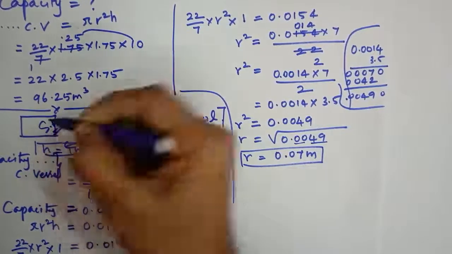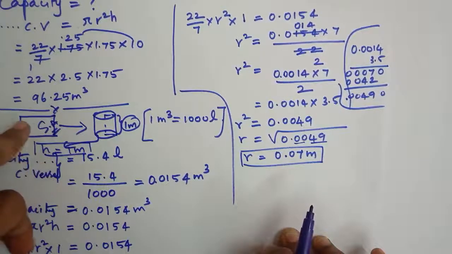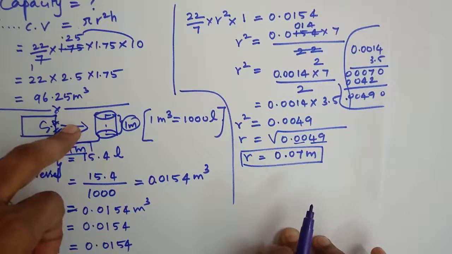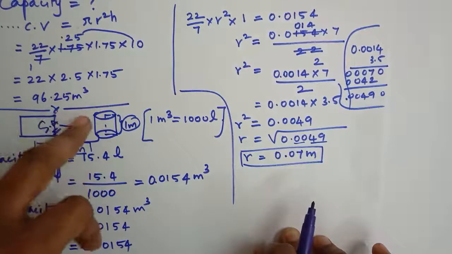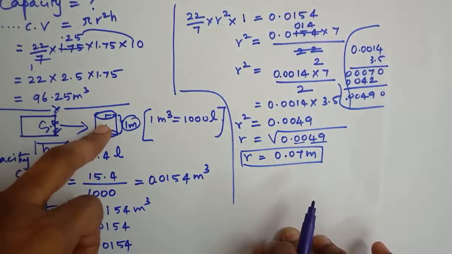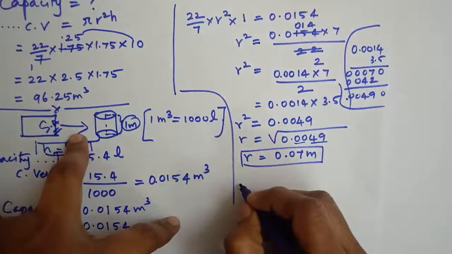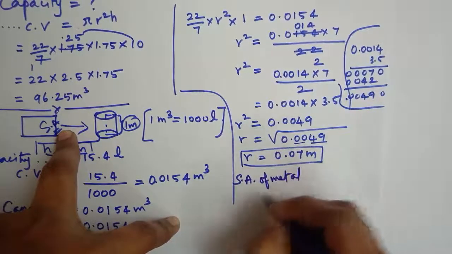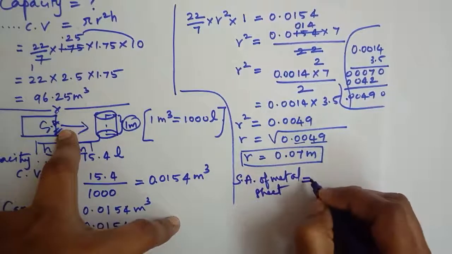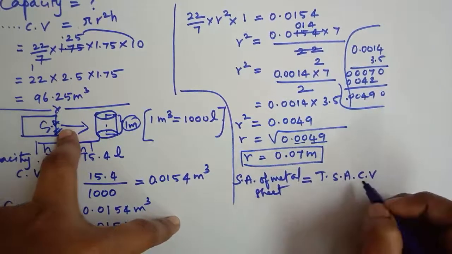Because it is a closed cylindrical vessel, the surface area of the metal sheet is equal to the total surface area of the cylindrical vessel.